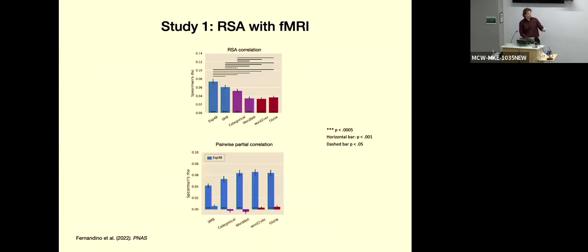Now, because these model predictions are correlated with each other, it's interesting to look at how much each model uniquely explains the data once you take into account what the other model explains. So we did a pairwise partial correlation.